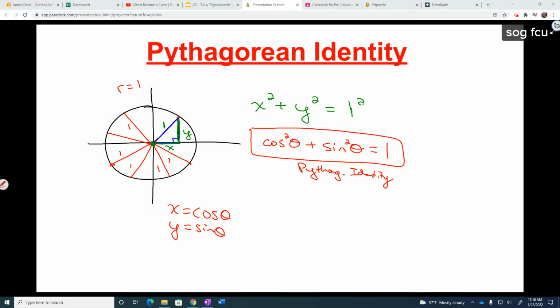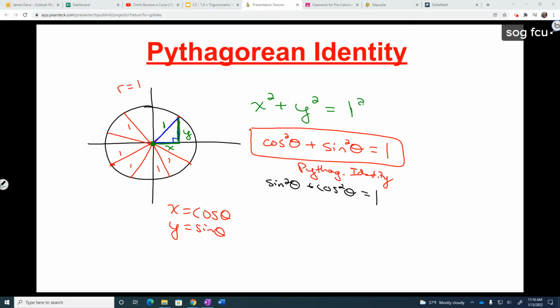It's used a lot for trigonometric proofs, proving a trig identity, this fact that cosine squared plus sine squared equals 1. And oftentimes this is written in different ways. You'll see it written like this: sine squared plus cosine squared. That's generally the way that we write it.